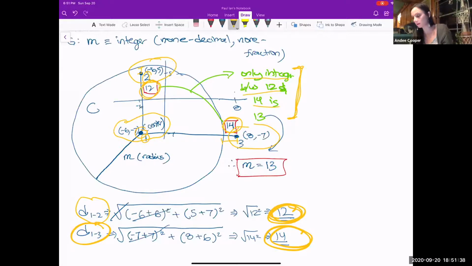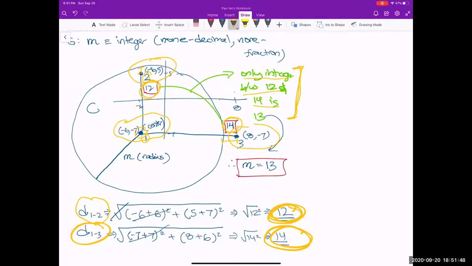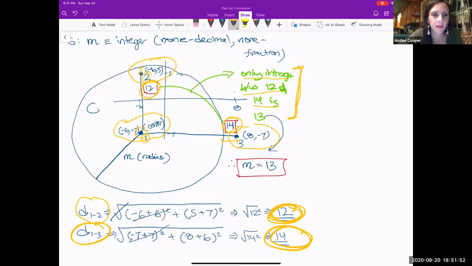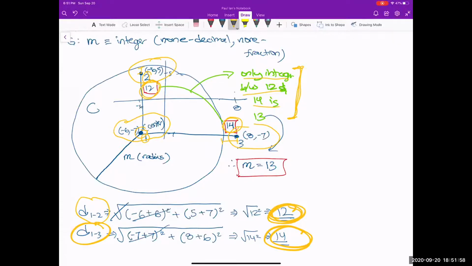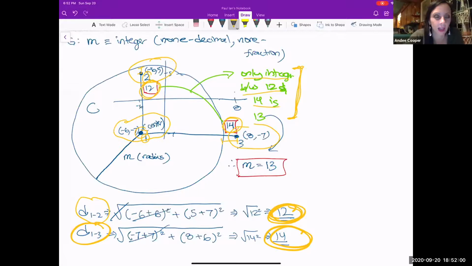Okay. Does it make sense? Yeah. That is the answer. But what about the thought process, though? Why did we do that? No, that definitely makes sense, because the radius is going to be the distance of the line from the center to the edge of the circle. And if we know it's an integer, it has to be a whole number.